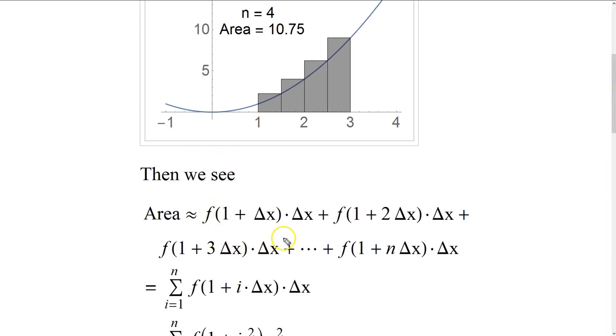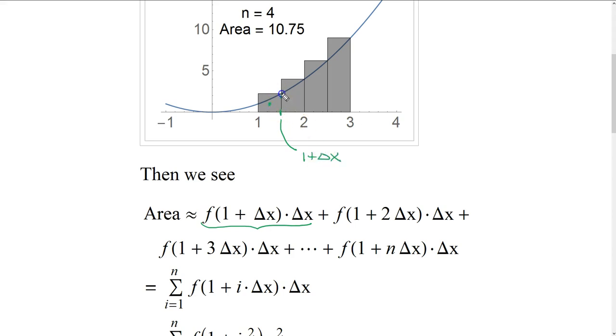So here's a formula that we're going to start with for the area of the rectangles being added up. First of all, the area of this first rectangle right here, that's going to be f of 1 plus delta x times delta x. Notice this point right here, as we just mentioned, that is 1 plus delta x.